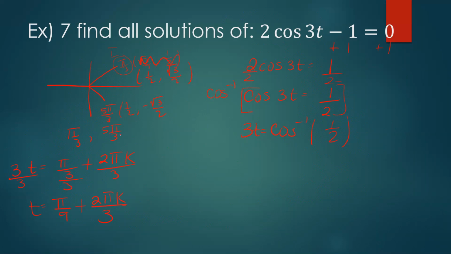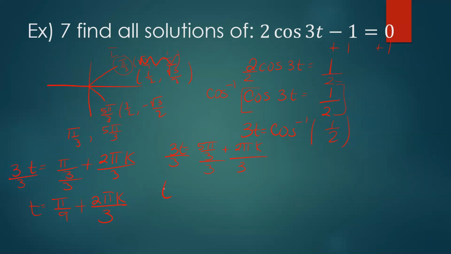Okay, do the same thing with 5 pi over 3. So set this as 3t equals 5 pi over 3 plus 2 pi k, right? Don't use pi k because if you start at 5 pi over 3 and you go around one time of the unit circle, you would be at the same place. Then divide both sides by 3.